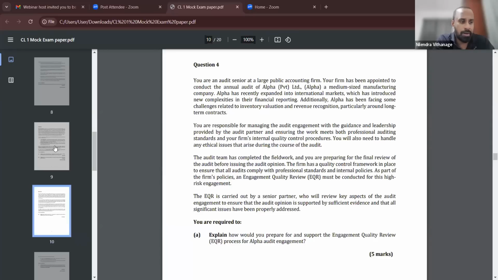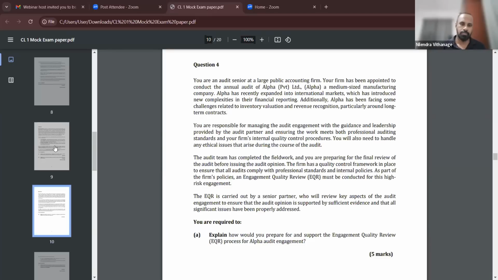It is not mandatory, but if you can write down the standard number, for example SLSRS 4400 revised, it adds some value to your answer. Only that.